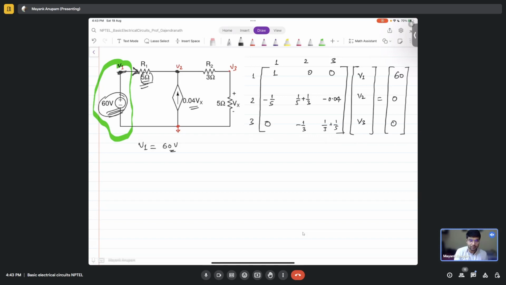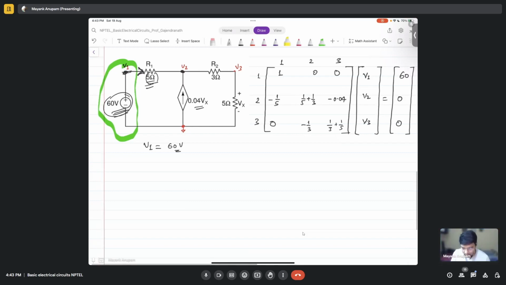Did you understand what I did? Okay. Equation converted into matrix form. So basically, what I'm saying is that you already took care of the relationship here between the current of this.